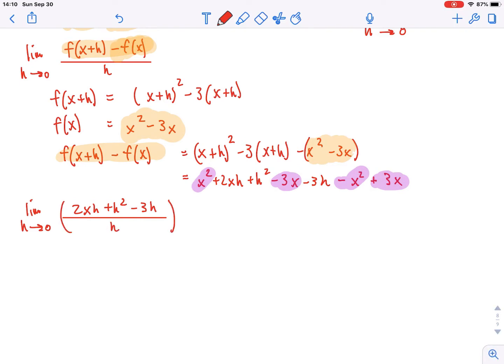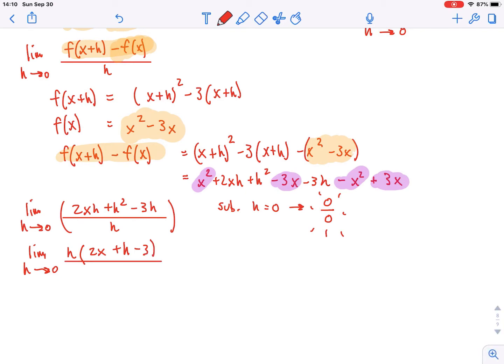Okay, now at this stage, we might think about evaluating this limit. Well, if we substitute h equals 0 into this, the result we're going to get, because everything has an h, we get 0 divided by 0, which is our warning sign that tells us we need to do something else. But we can also, at this step, notice that there is a way to factor out an h from the numerator. So we get h on the outside, and on the inside, 2x plus h minus 3.